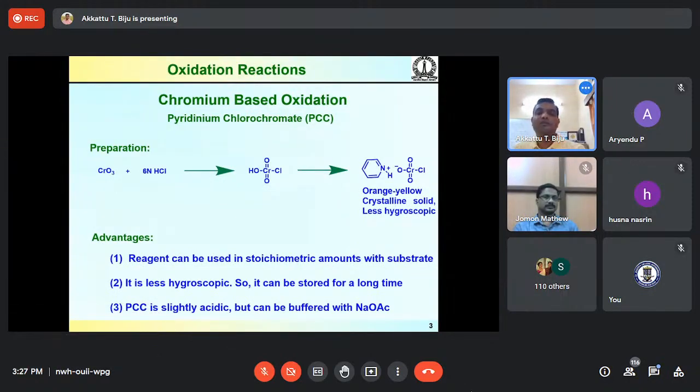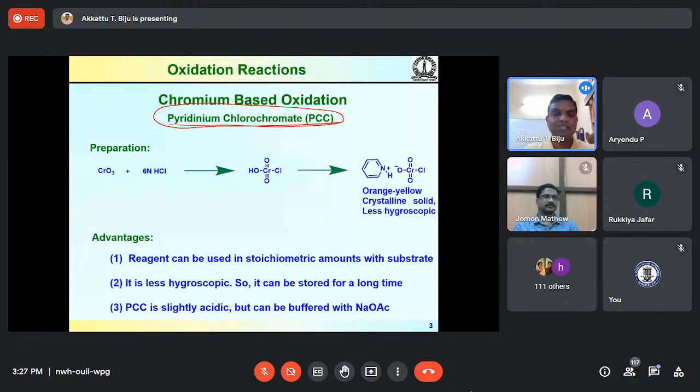So the most important application of this chromium based oxidizing agent is the pyridinium chlorochromate, otherwise known as PCC. The PCC is one of the best chromium based reagents for the oxidation reactions.